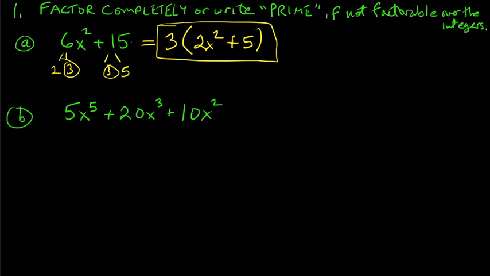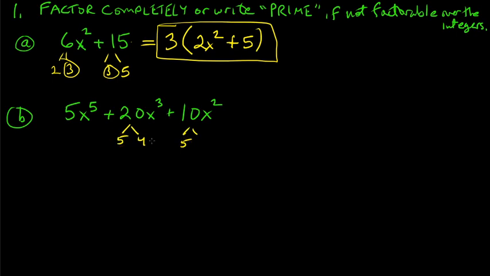Okay, next up is part B, 5x to the 5 plus 20x to the 3 plus 10x squared. So again, the first thing you always look for is GCF. And in this case, 20 is 5 times 4, 10 is 5 times 2. So everything has a 5 in it.